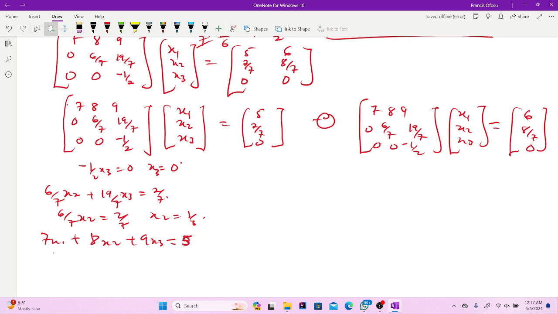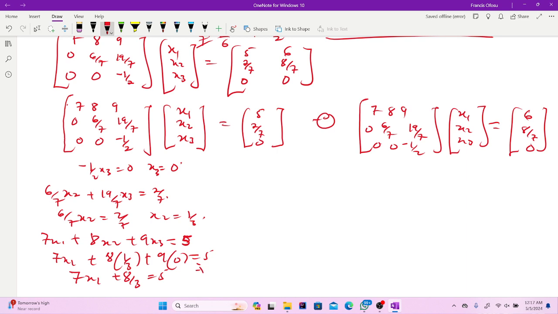So x1 plus 8x2. My x2 is what? It's giving us 1 on 3. So 8 multiplying 1 on 3 plus 9 times my x3, which is 0, equals 5. So obviously 7x1 plus 8 on 3 is equal to 5, right? So 5 minus 8 on 3, which is giving me 7 on 3.